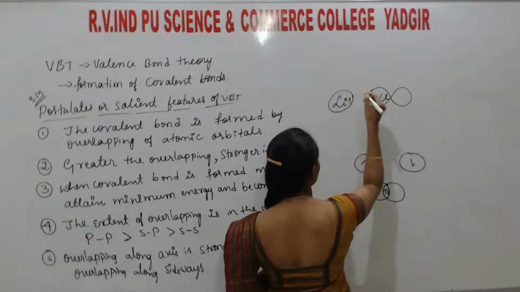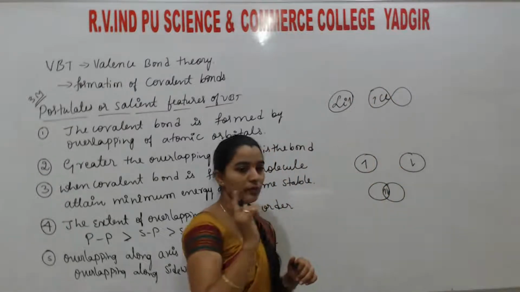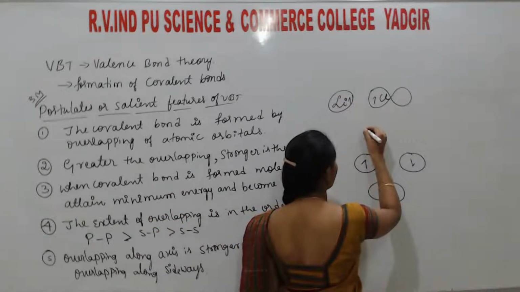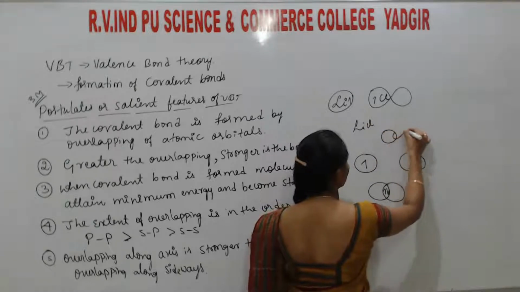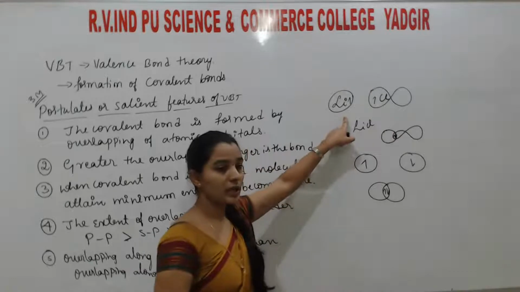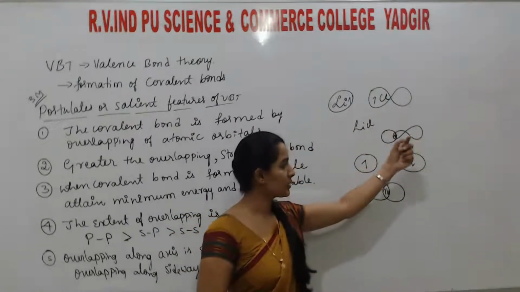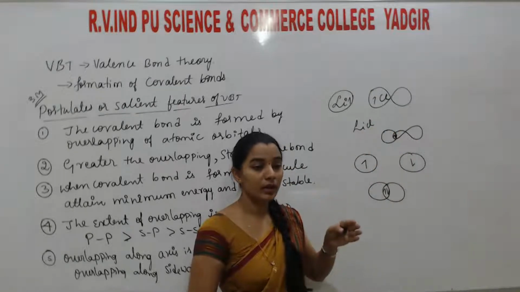Here one electron is there, here five electrons are there, and only one electron is going to be shared. So students, initially lithium is unstable and Cl is unstable. When it becomes lithium chloride, it becomes stable.